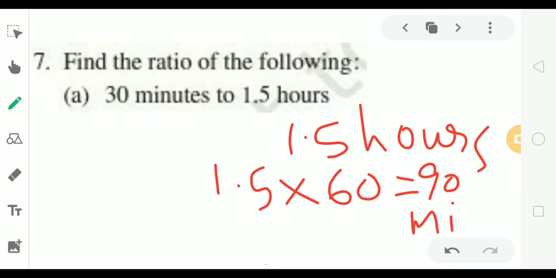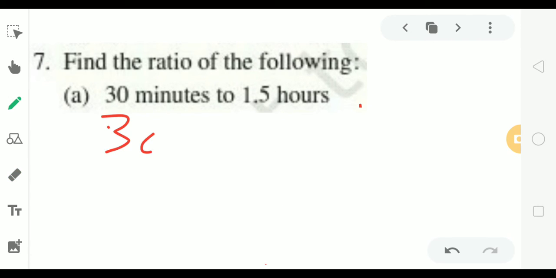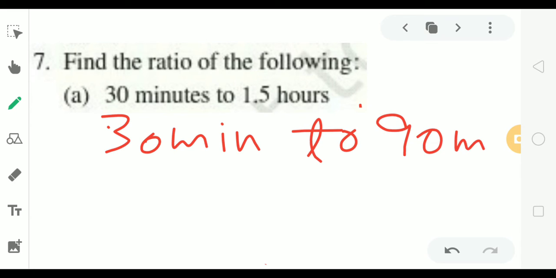So 90 in terms of minutes. Why did we multiply by 60? Because we know that 1 hour is 60 minutes. So that's why we multiplied by 60. 1.5 multiplied by 60, we got 90 minutes. Now in place of 1.5 hours, we will put 90 minutes. So we can write it as 30 minutes to 90 minutes.